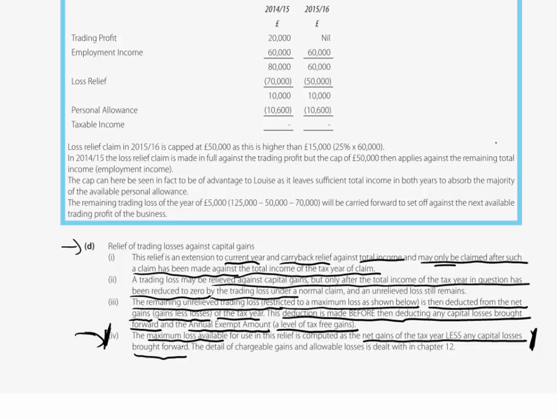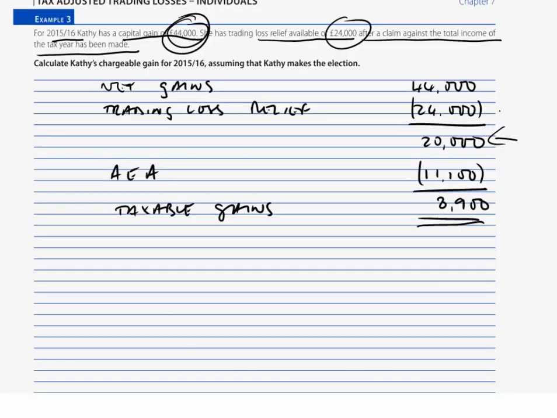If that figure had come below £24,000, the trading loss that remained after your income tax loss relief claim, if the figure had been below 24,000, then that figure is the maximum figure you could then have used against your gains of the year. That is the figure that would have gone in instead of 24,000, the lower figure, if this maximum claim had been applicable.